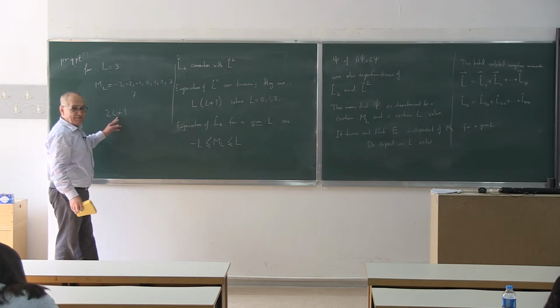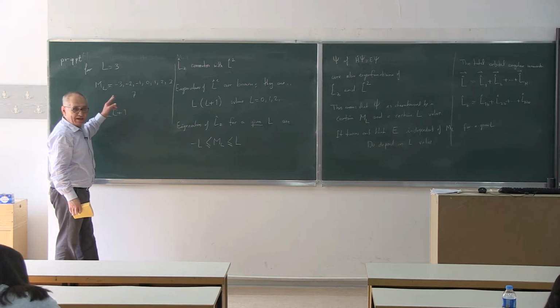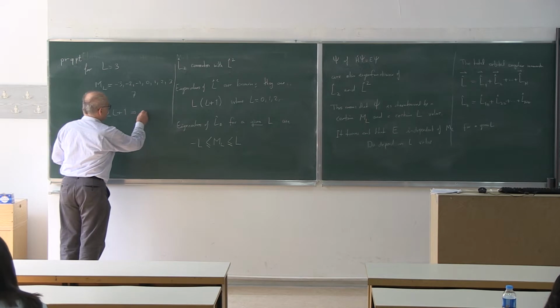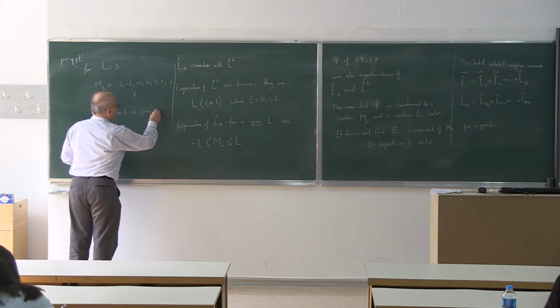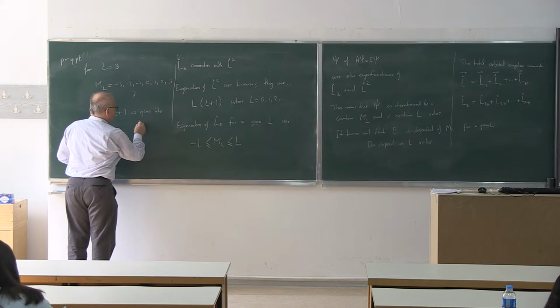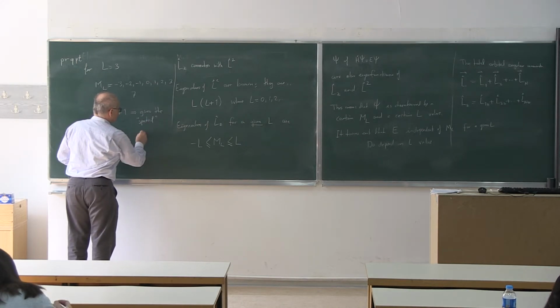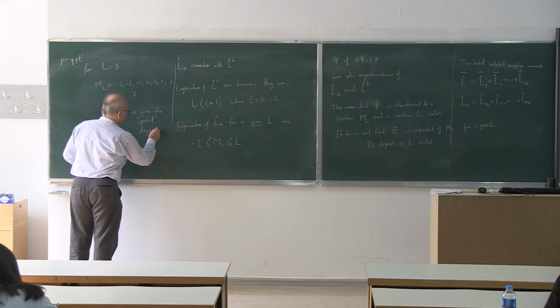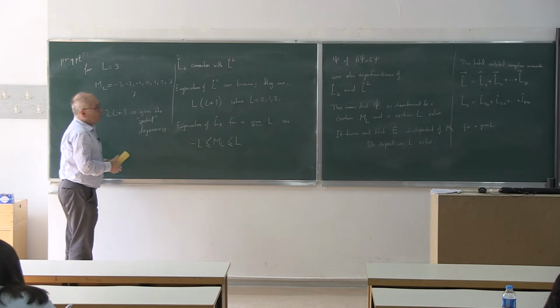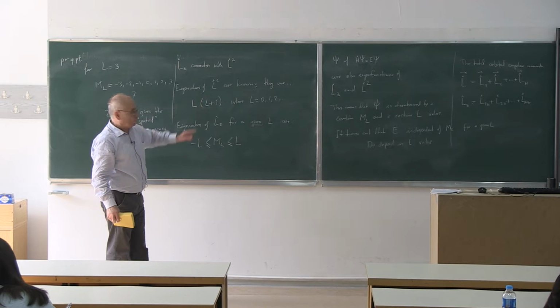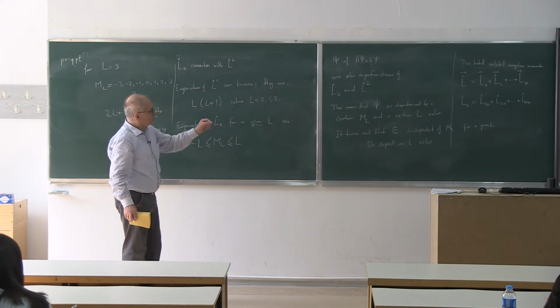For any given L value, the number of different ML values is 2 times L plus 1. This gives the spatial degeneracy of a given energy level, which is characterized with L.